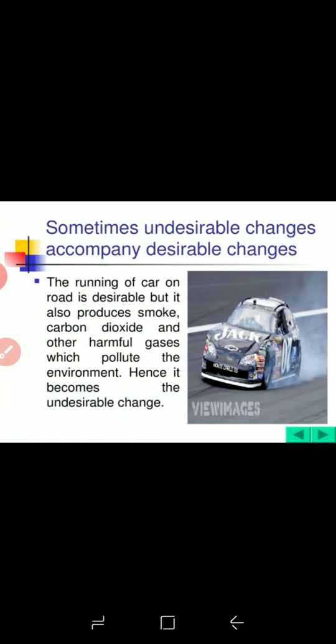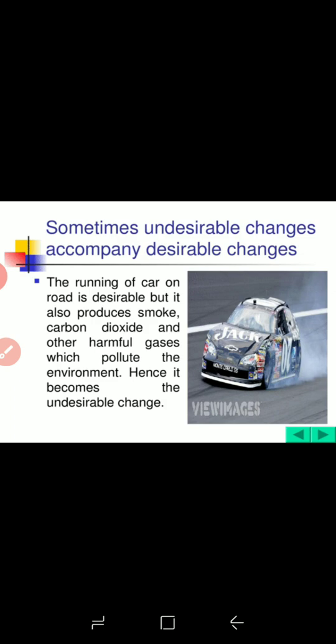Then sometimes undesirable changes accompany desirable changes. For example, the running of a car on the road is desirable, that means you can run the car as you wish, but it also produces smoke, carbon dioxide, and other harmful gases which pollute the environment.